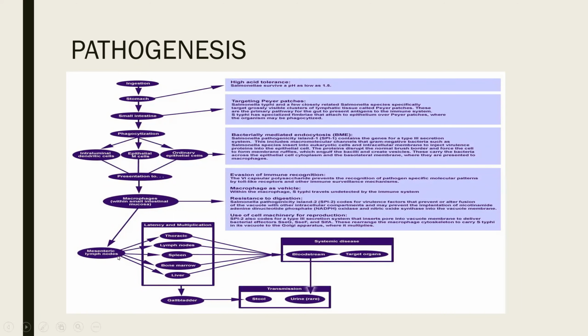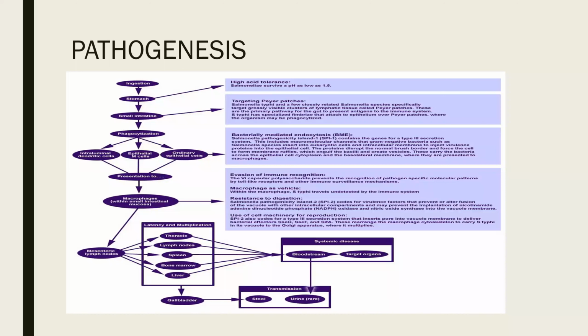From the mesenteric lymph nodes, it's sent to the reticuloendothelial system, so the thoracic duct, the lymph nodes, the spleen, the bone marrow, the liver, and from there, spread. Some of it tends to spread to the bloodstream. It pauses and loads that area until it blows open and then spreads to the bloodstream through hematogenous spread.